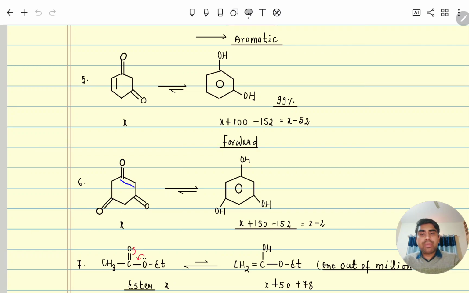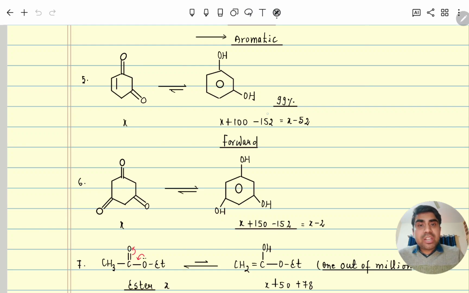Here 50, here 50 and here 50, so a total of 150, and the resonance energy is minus 152, so x minus 2. So it is still in equilibrium, means the energies are almost equal. It will exist in equilibrium, means it will also have some percentage. Let's suppose it is 30% or 40%, and this one remains 60%.